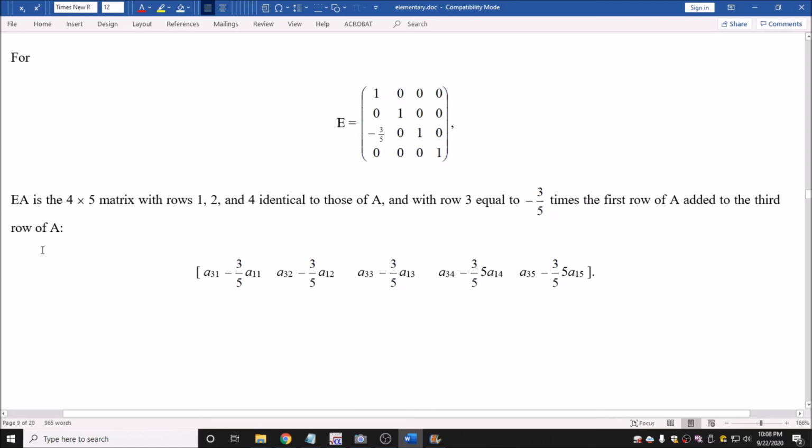So here is the third row of EA: A31 minus 3/5 A11, A32 minus 3/5 A12, all the way up to A35 minus 3/5 A15.